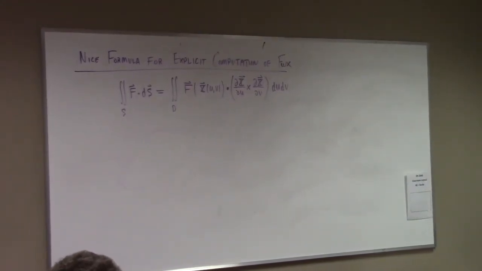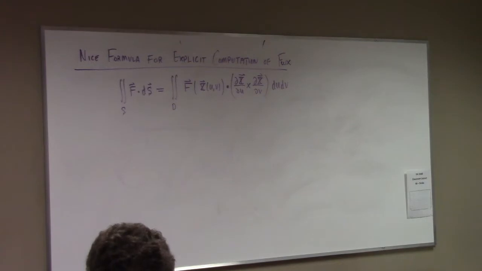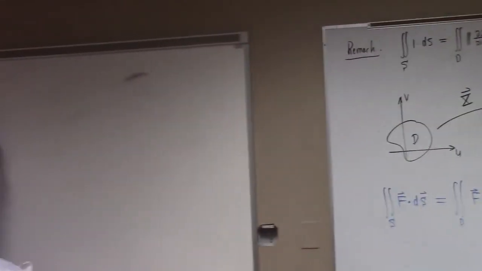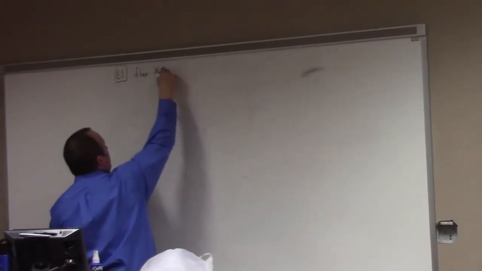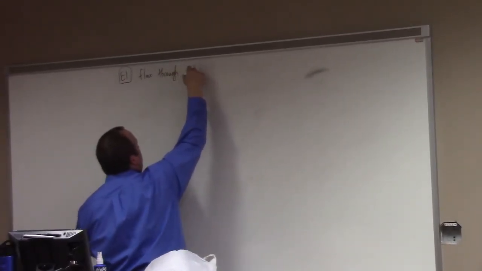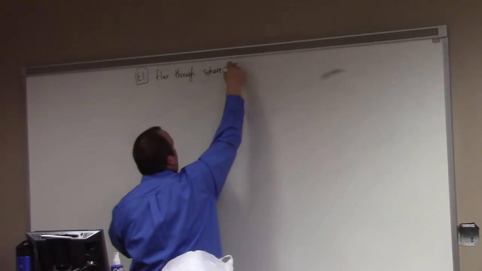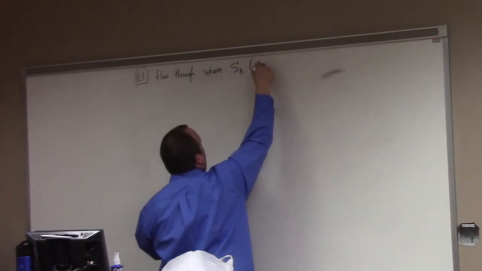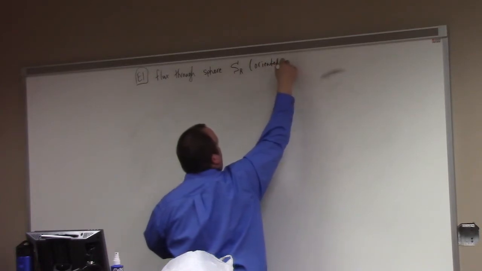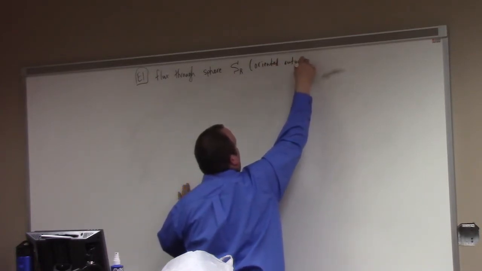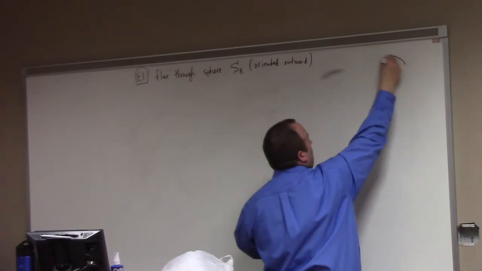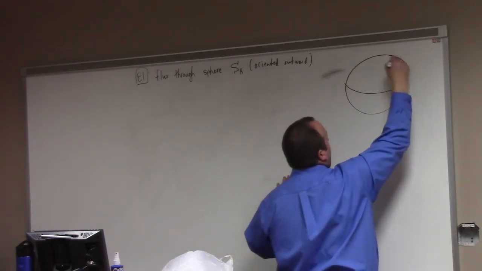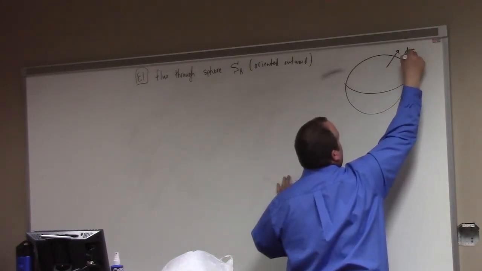So this is the question. Example 1, flux through sphere, let's say S_R, oriented outward. So if I were to draw a picture of it, the dS would look like this.